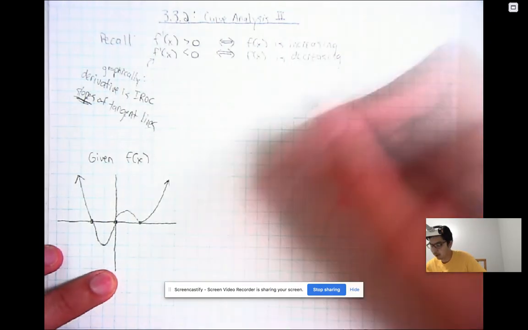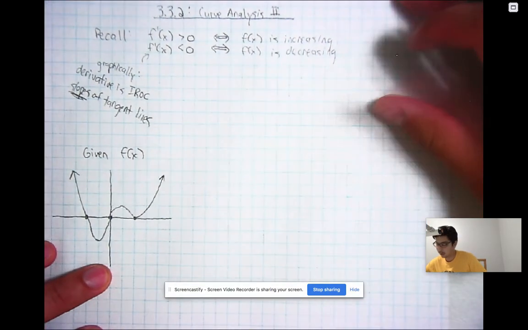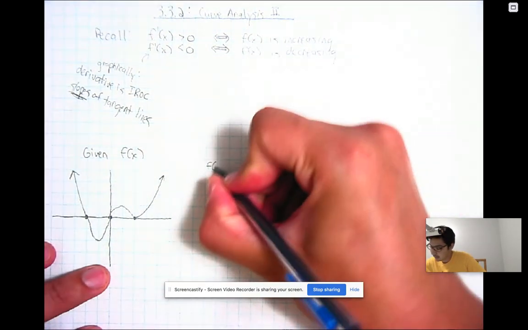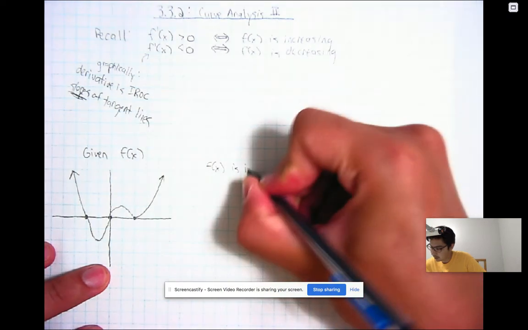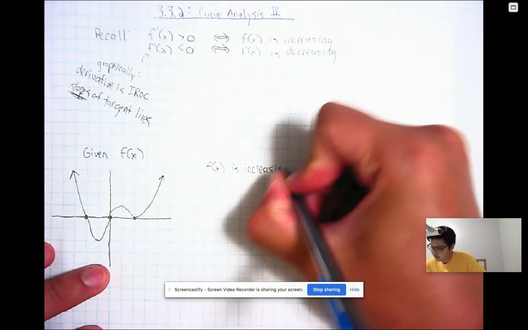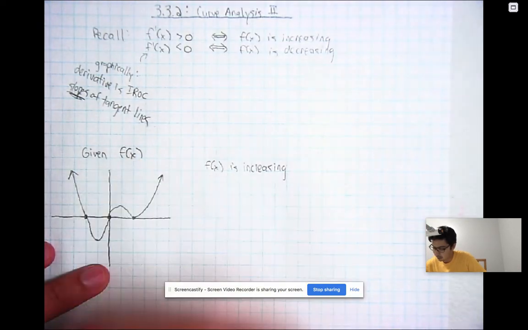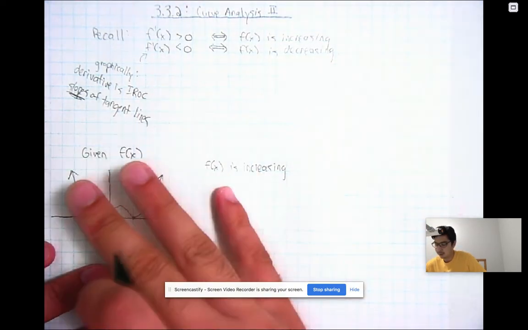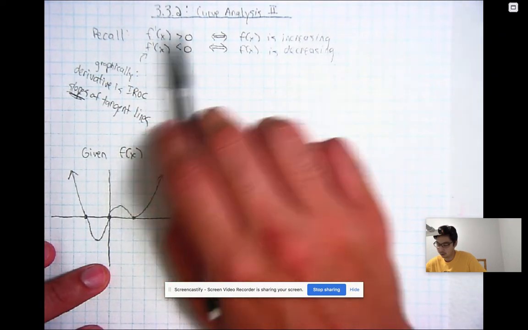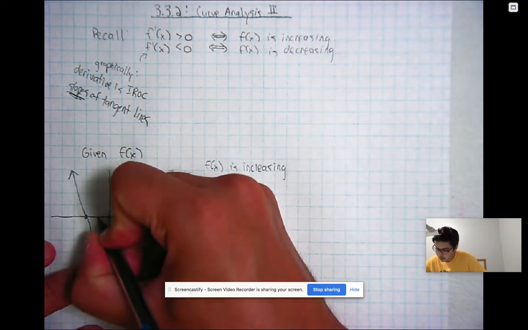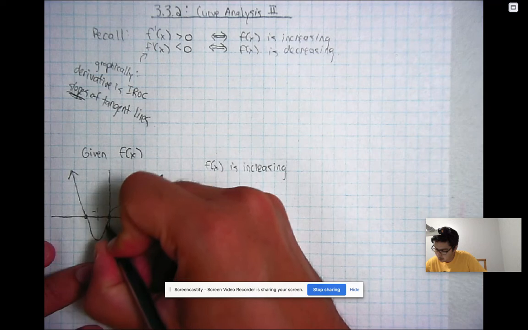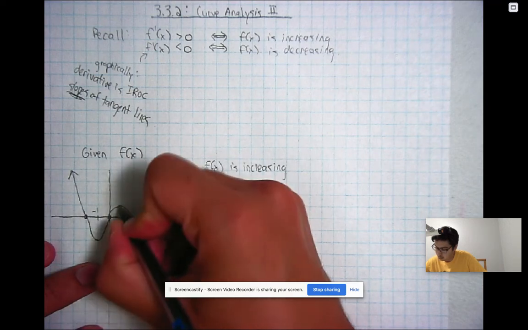Now, what we know from the last video is that f of x is increasing, and remember we're looking at the slope. When is the slope positive? Well, the slope is positive from -1 up to 2.